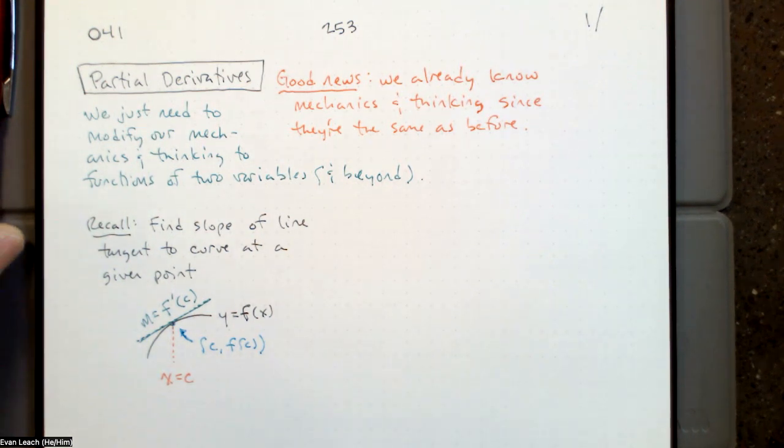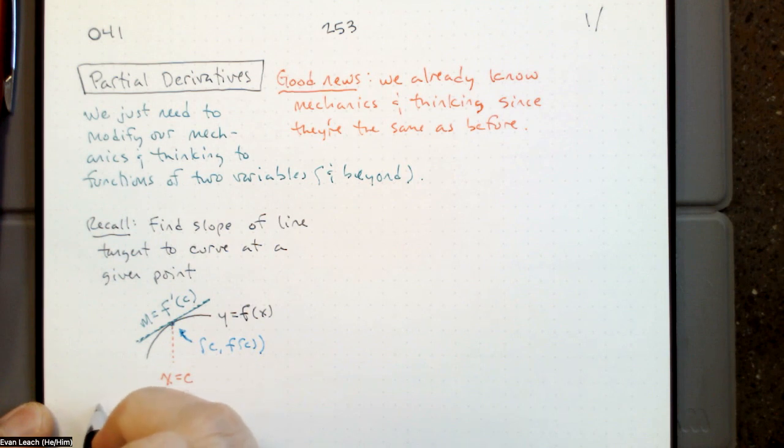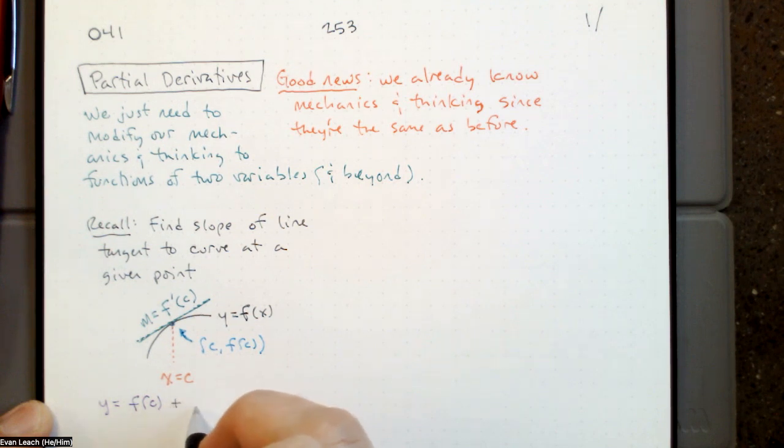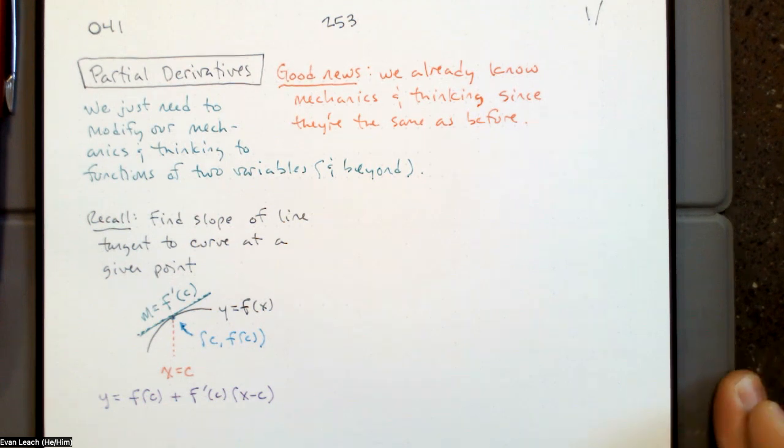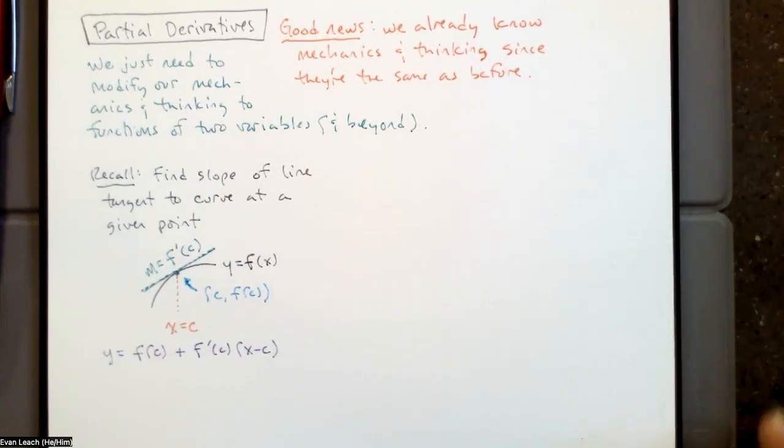So there's the equation of the line tangent to the curve at the given point.